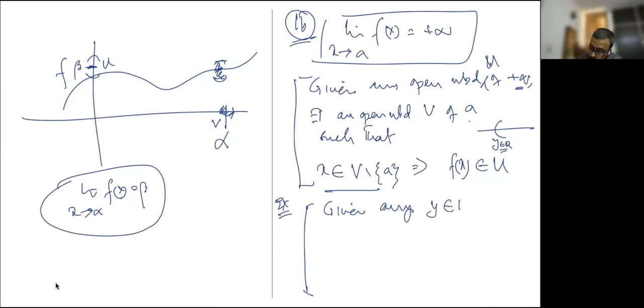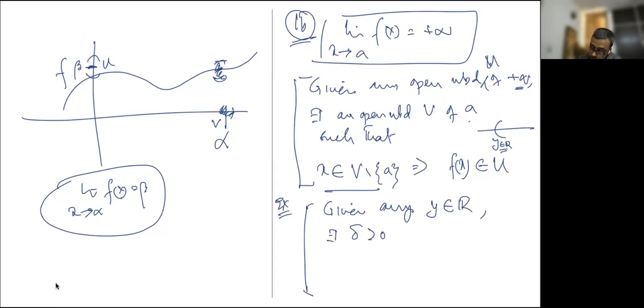So given any y real, there is a delta positive, because any open neighborhood V of A would actually contain something of the form a minus delta to a plus delta. So it is some such delta we are talking about.